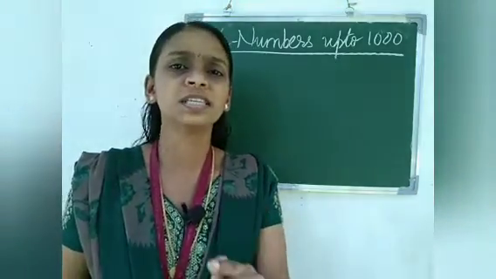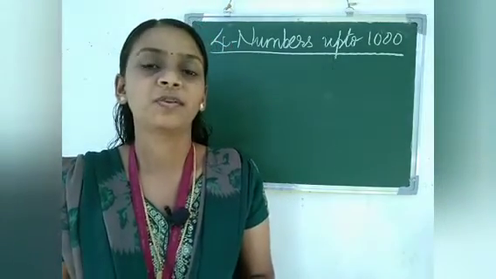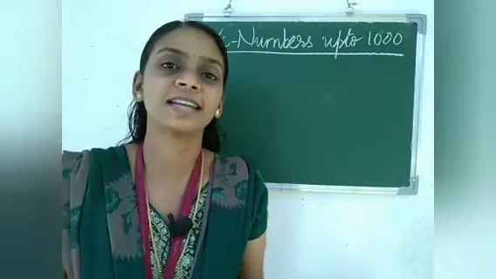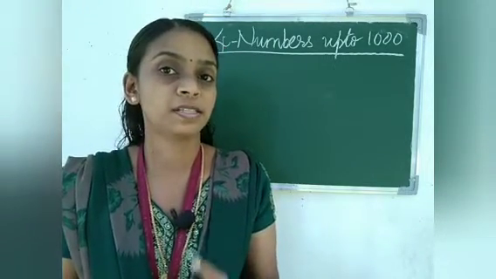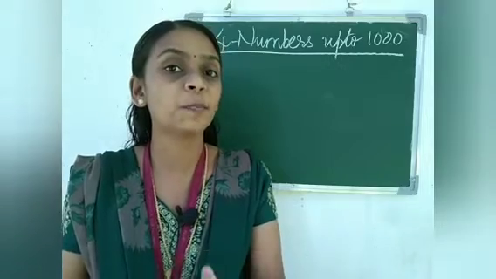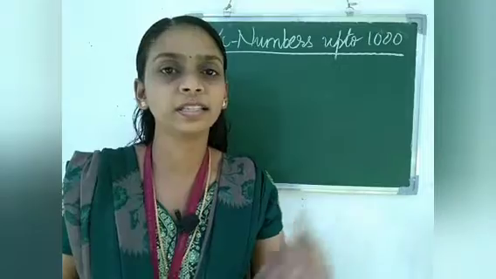So which is the greatest 3-digit number? Tell me, all of you. Here I told you that 3-digit numbers are up to 999. Then 1000 is a 4-digit number.